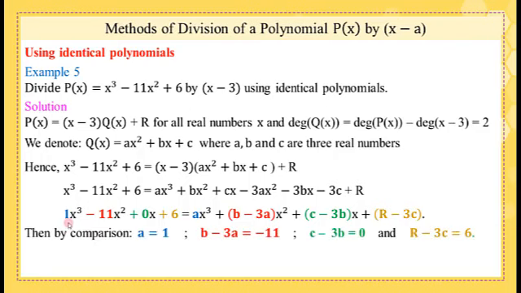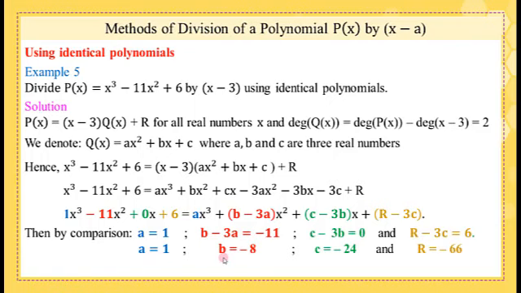Then by comparison, 1 equal to a and b minus 3a equal minus 11 and c minus 3b equal 0 and r minus 3c equal 6.